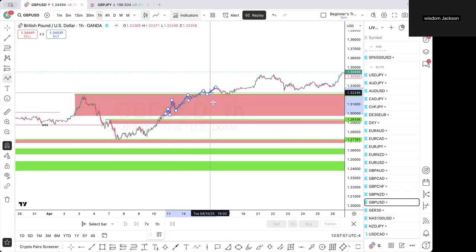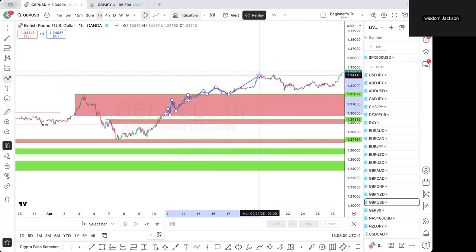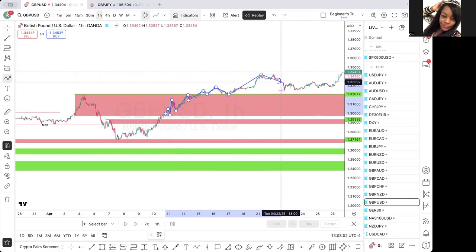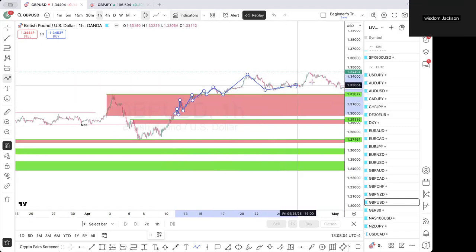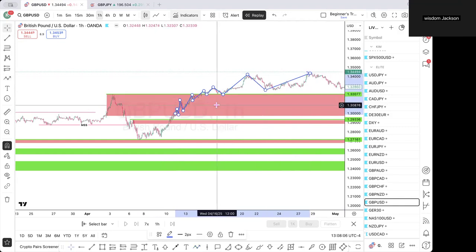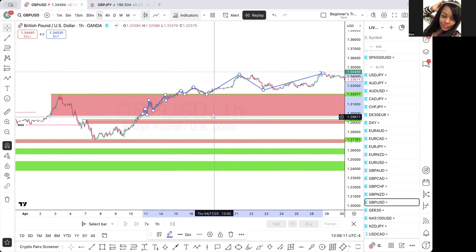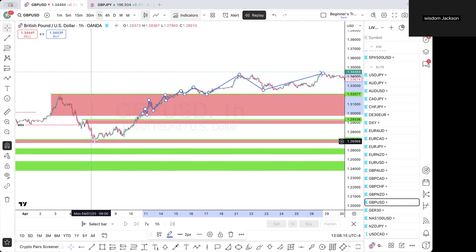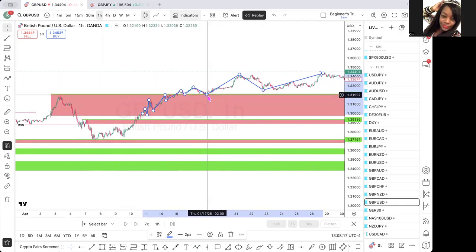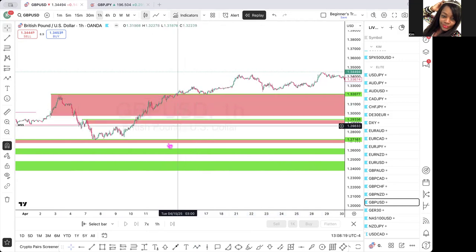But if price had shifted and I wanted to sell, I think I would have sold to this low. That was safer for me.